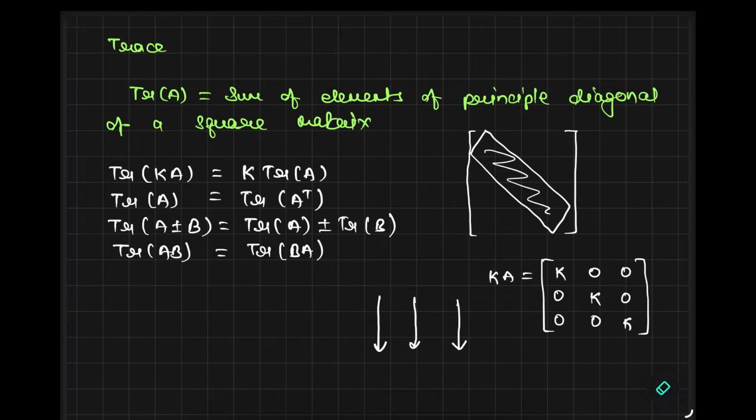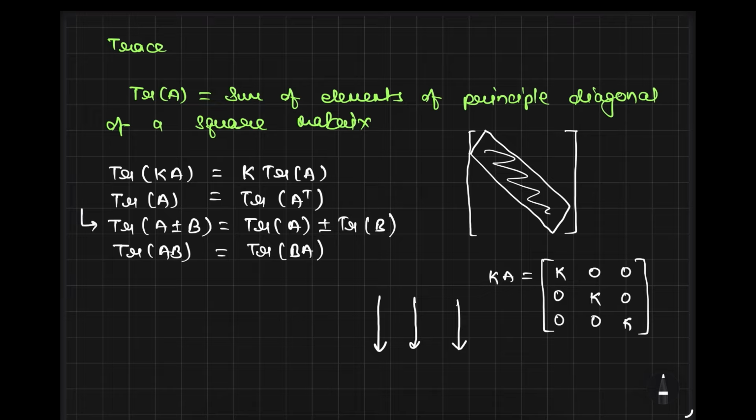Okay, so from now onwards I will be using one statement: do you have any problem with trace? You will answer, sir, no. So why no? Because if we need to find out trace of k times A, I can go with trace of A and then multiply with k. Trace of A and trace of A transpose will be the same.